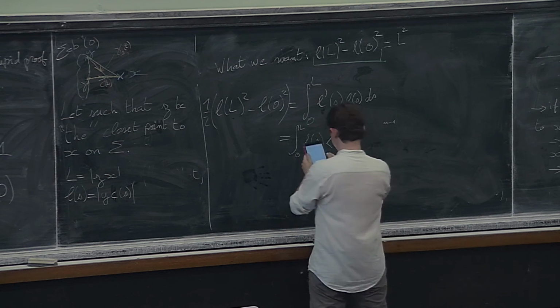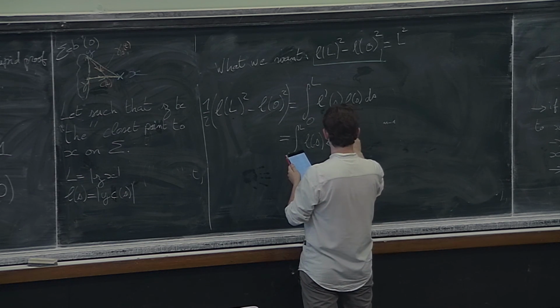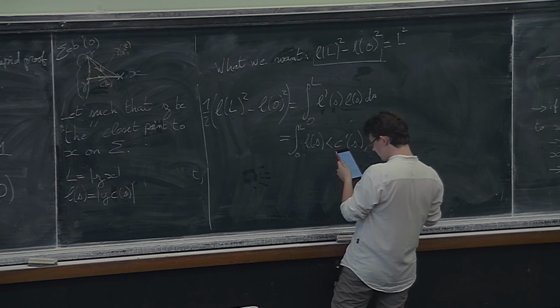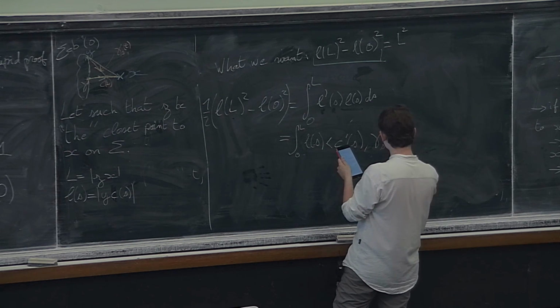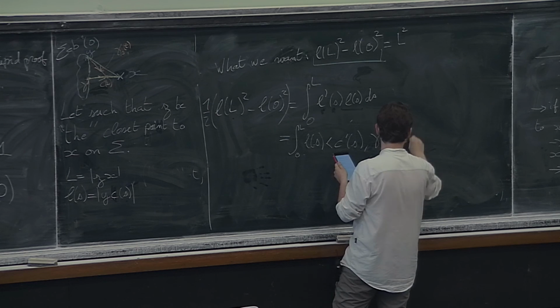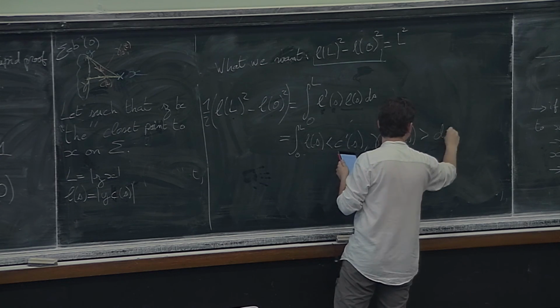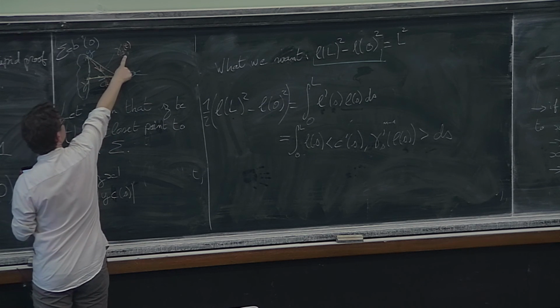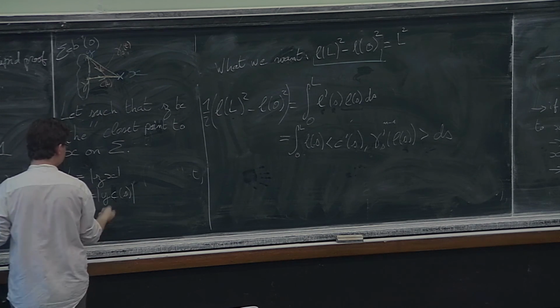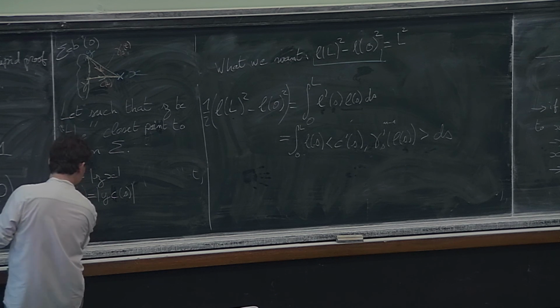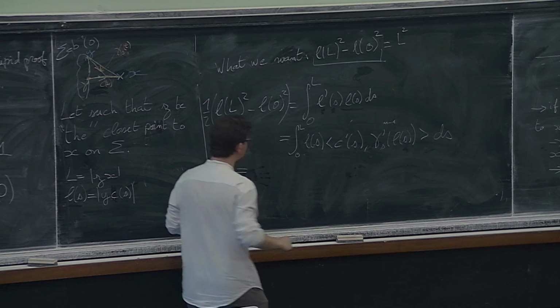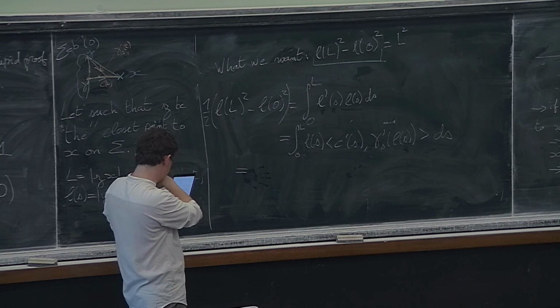So, the first variation formula will tell you that here it's C prime of S, gamma prime S, computed at l of S, ds. Why is that so? Because that gamma S, its length is l of S. Okay, so now what can I do with that?